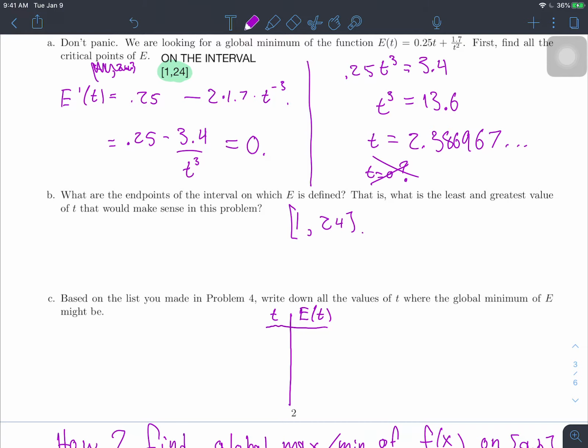There are a few places I should check. I should check all my state champs to see if any of them are the national champs. So I'm going to check the critical point, 2.38..., and I'm also going to check the endpoints, 1 and 24.